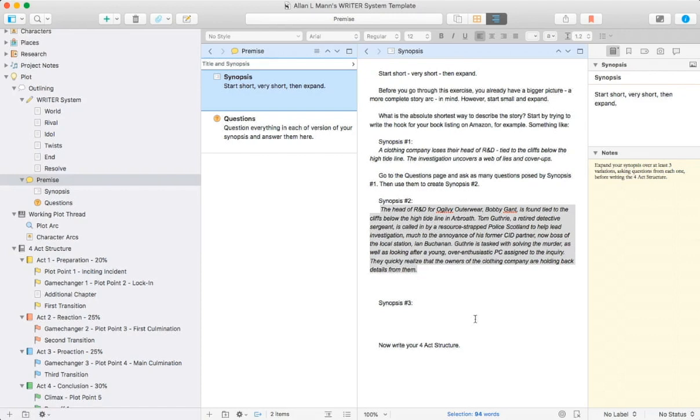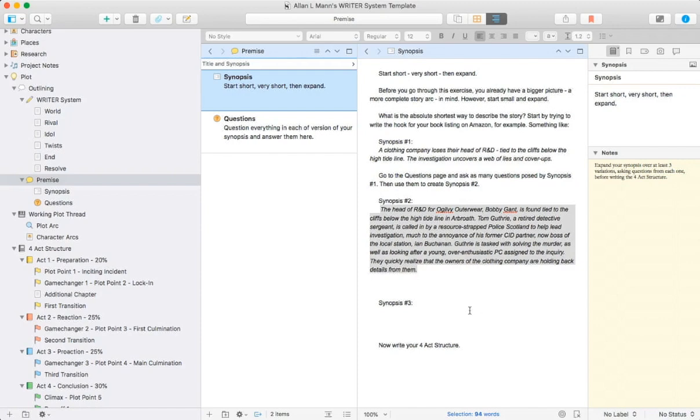Tom Guthrie, a retired detective sergeant, is called in by a resource-strapped Police Scotland to help lead the investigation, much to the annoyance of his former CID partner, now boss of the local station, Ian Buchanan. Guthrie is tasked with solving the murder as well as looking after a young, overenthusiastic PC assigned to the inquiry. They quickly realize that the owners of the clothing company are holding back details from them.